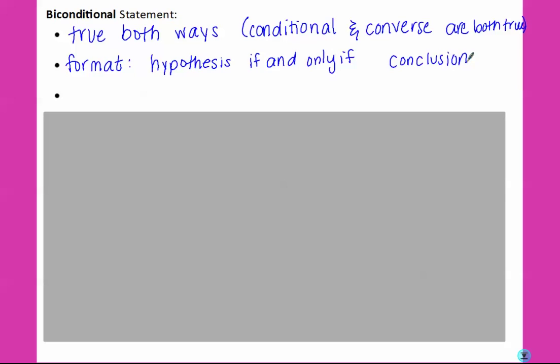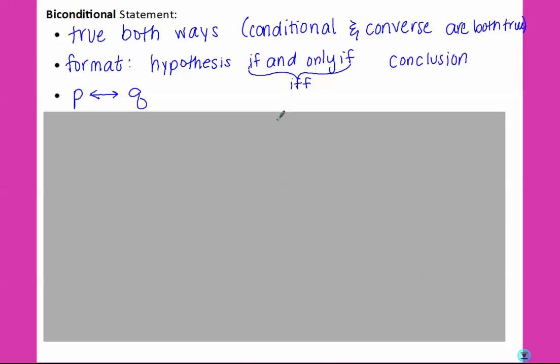Now, instead of writing out if and only if, it is often abbreviated using IFF. Symbolically, it would be P, our hypothesis, if and only if is a double arrow because it points in both directions, like we said at the beginning, and then Q for our conclusion.